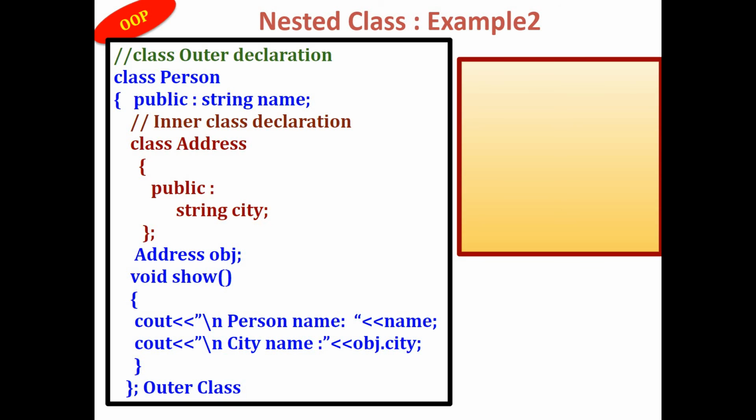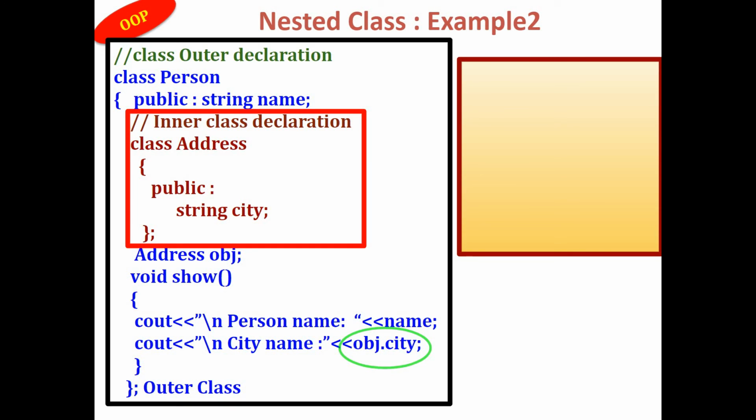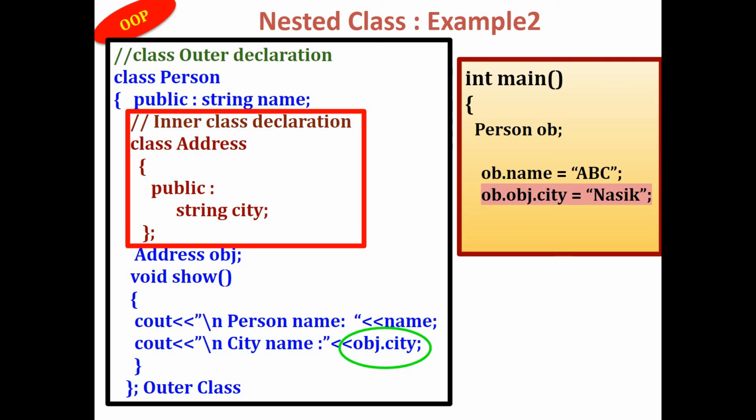Now, through main, if I want to access city, which is a public member of the inner class, you will have to create an outer class object. So here a person object is being created, ob.name, because name is a variable of the person class. And now see how city is accessed: ob.obj.city.